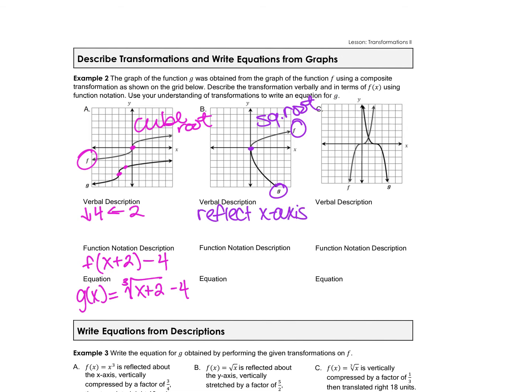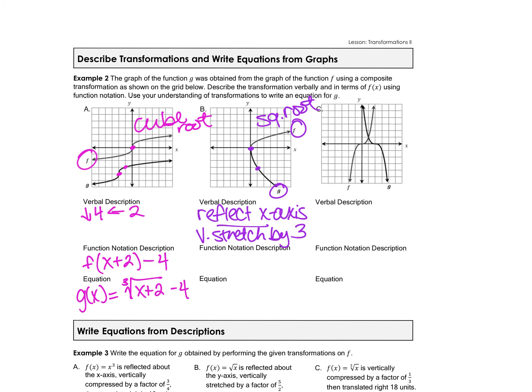And then I also noticed that it has been stretched. So look at your (0, 0) point. Normally it's (1, 1). So from (0, 0), it went 1 and then down 1, 2, 3. So the down is the reflection part, and then at 3, so that means it was a vertical stretch by 3.